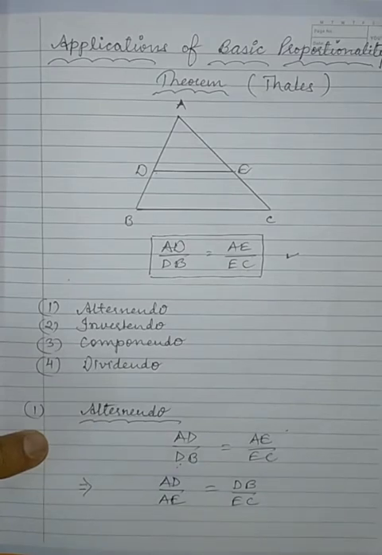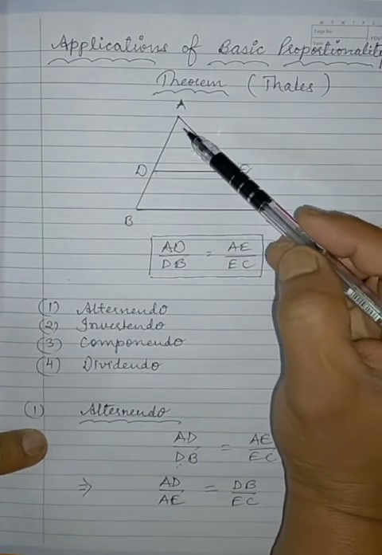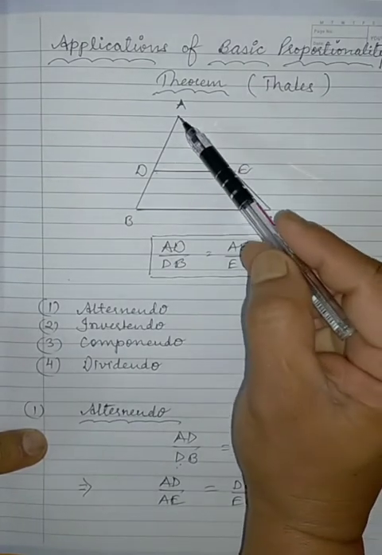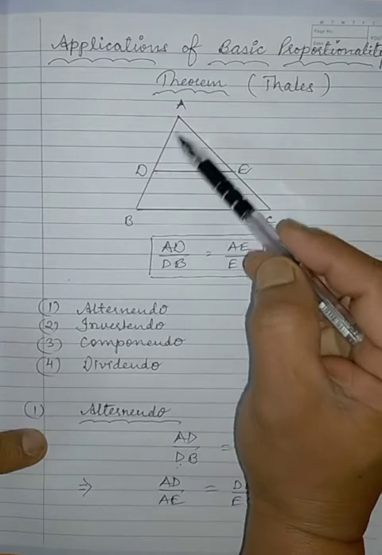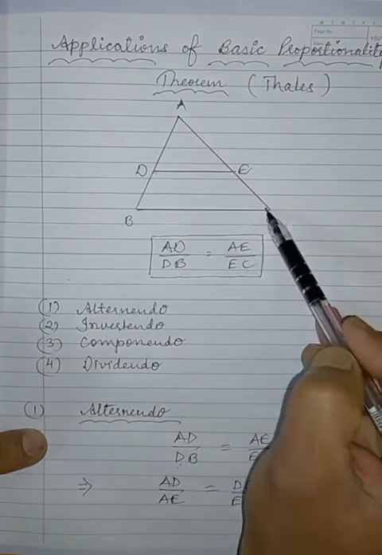Okay? So you can see here, when we were using the relation of Thales theorem, the order of proportionality was AD upon DB is equal to AE upon EC.